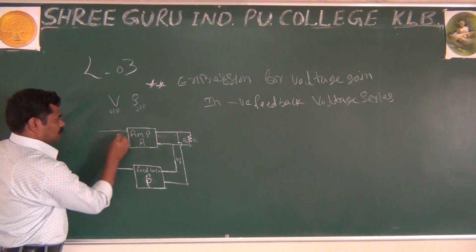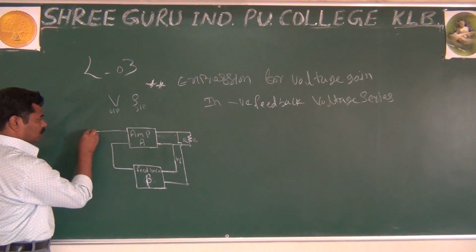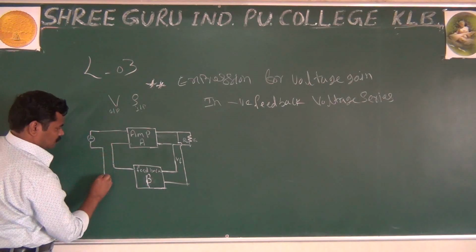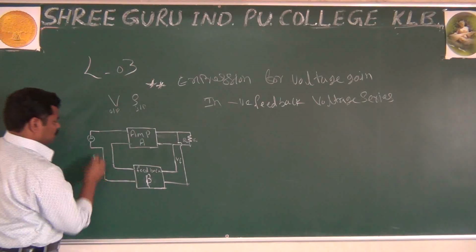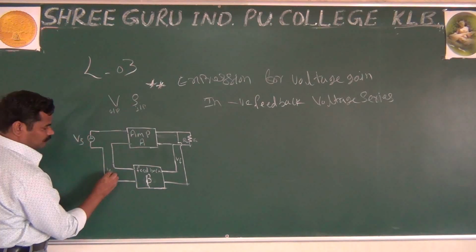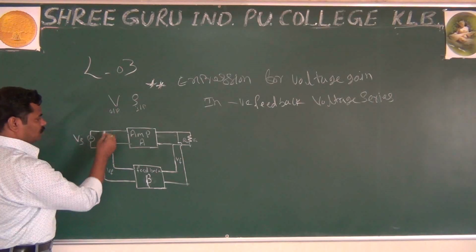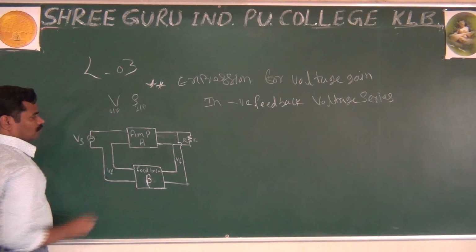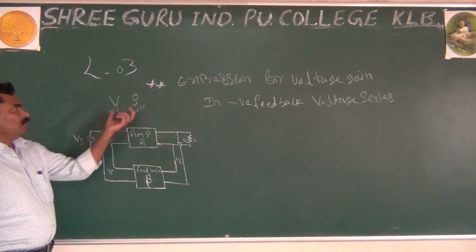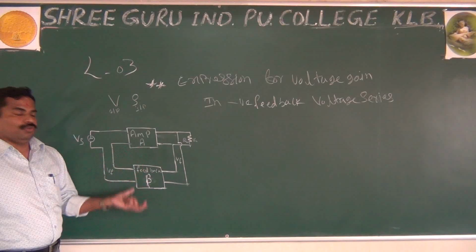Here also you connect the voltage source. This is nothing but VS, and this is nothing but your VF, and this is called the block diagram of your voltage series feedback topology.